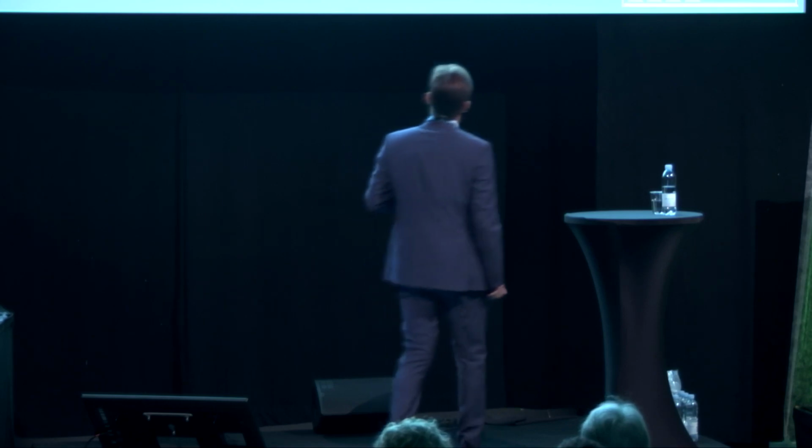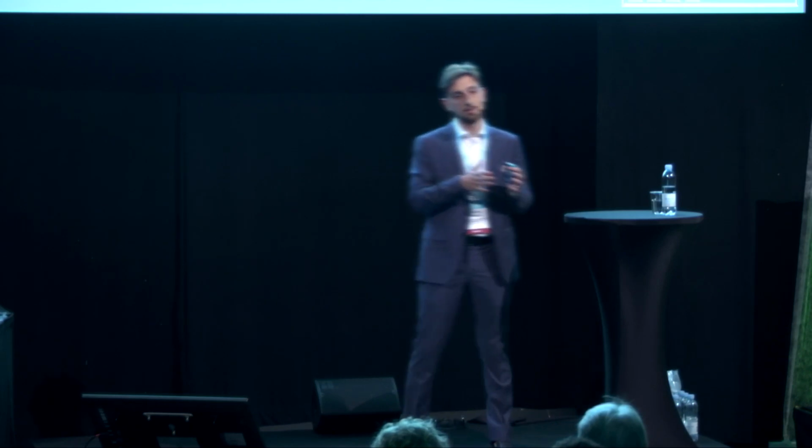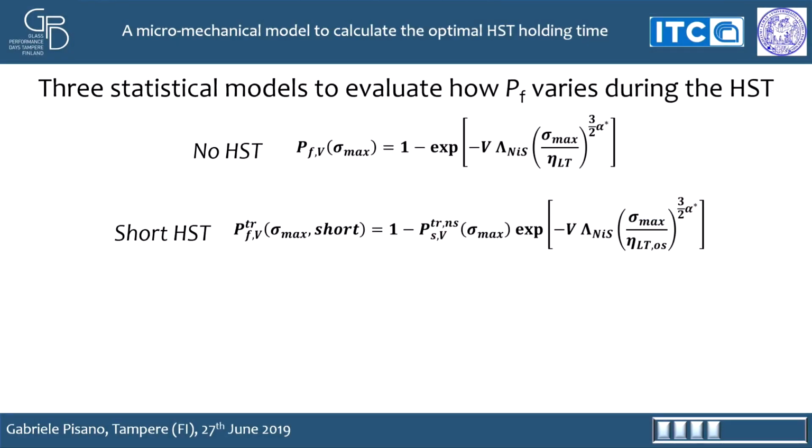Here we have a model for the short heat-soak test. We consider a heat-soak test short when it lasts enough to have the full transformation of near stoichiometric inclusion, but at the same time, the over-stoichiometric inclusions are only partially transformed and are not still in contact with the surrounding glass. This is why here we have PSV, that is the probability of survival of elements which contain fully transformed near stoichiometric inclusion.